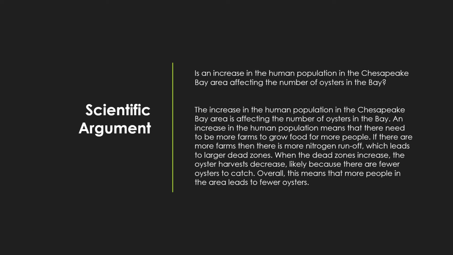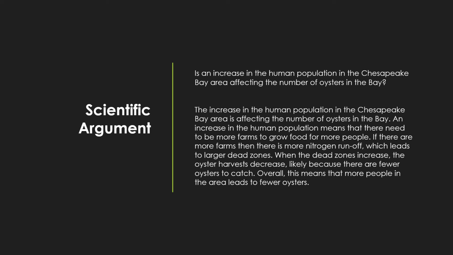So the argument sounds like this. We start with the question first. Is an increase in the human population in the Chesapeake Bay area affecting the number of oysters in the bay? The increase in the human population in the Chesapeake Bay area is affecting the number of oysters in the bay.